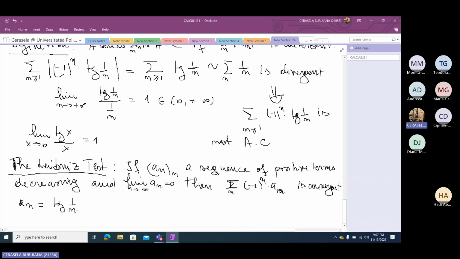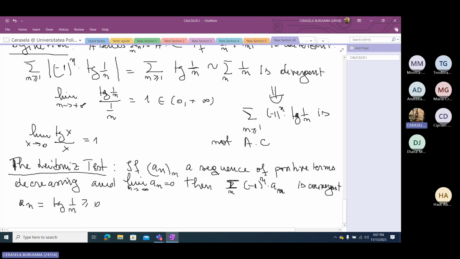When n is 1, the tangent of 1 is something positive, pi over 4. When n is greater or equal than 2, we have 1 over 2, 1 over 3, 1 over 4, and so on. All these are in the interval (0, pi over 2). On the interval (0, pi over 2), you know that the tangent has positive values.